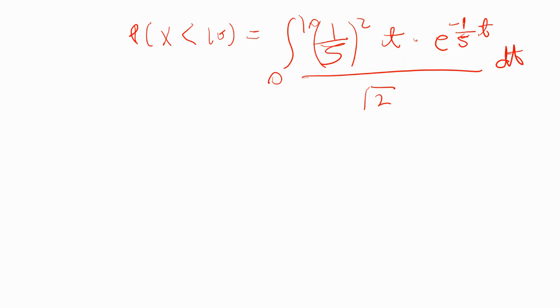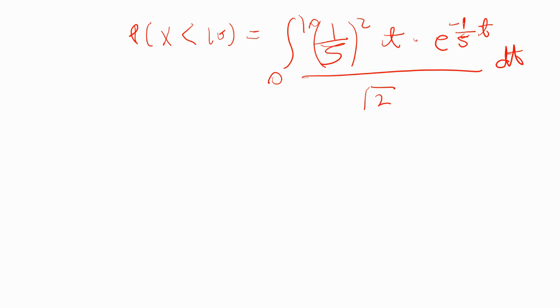Like gamma n, if n is an integer, gamma n is equal to (n minus 1) factorial. So gamma 2 is 1, gamma 3 is 2. Simple. And gamma 3 by 2 is 1 by 2 gamma 1 by 2. So that one is factorial.